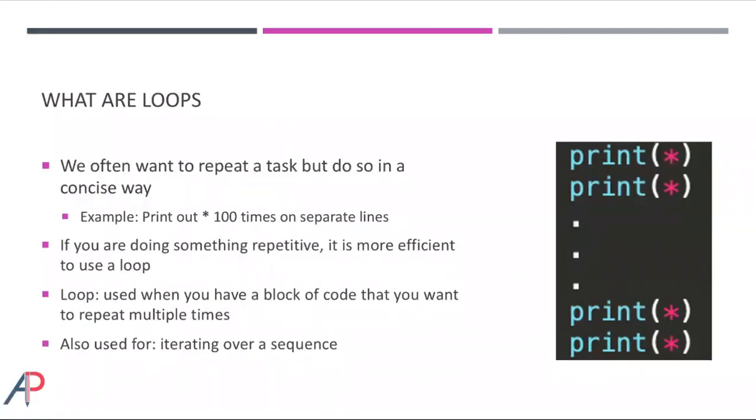I forgot my quotation marks. So you definitely don't want to type out print asterisk like 100 times. Do not do that. If you're doing something repetitive, it's often more efficient to use a loop.